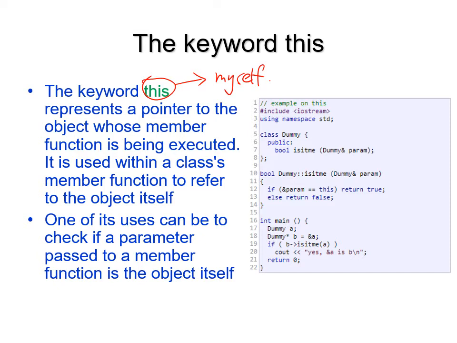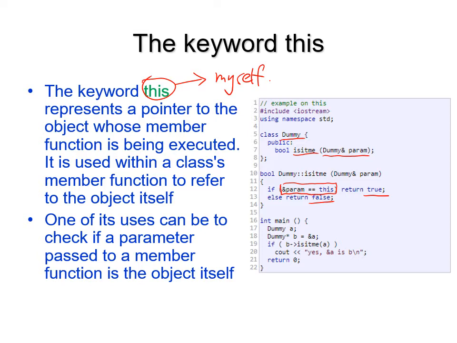For example, in here you can see that we have a dummy class, and we have a function isItMe, which receives a parameter, an address of dummy. So this function is going to check whether the address of the object is equal to itself. If it is true, it returns true. Otherwise it returns false.